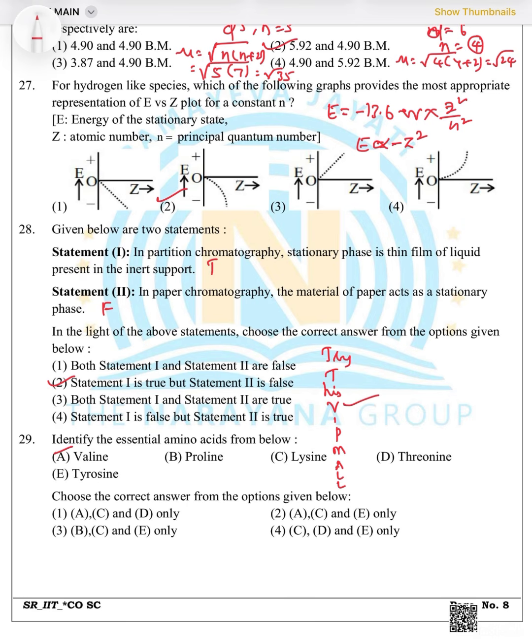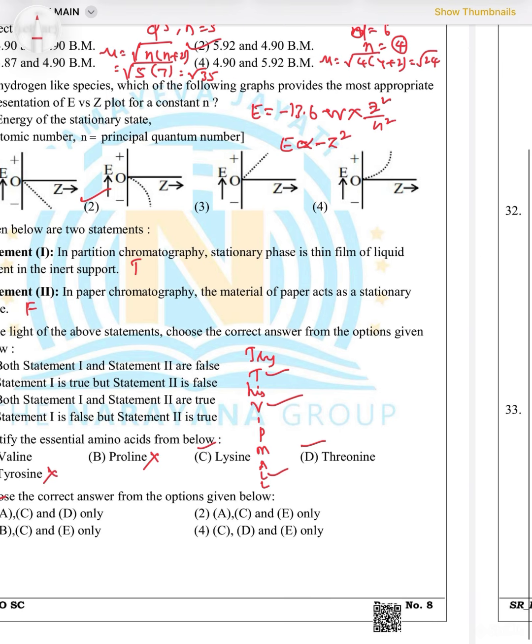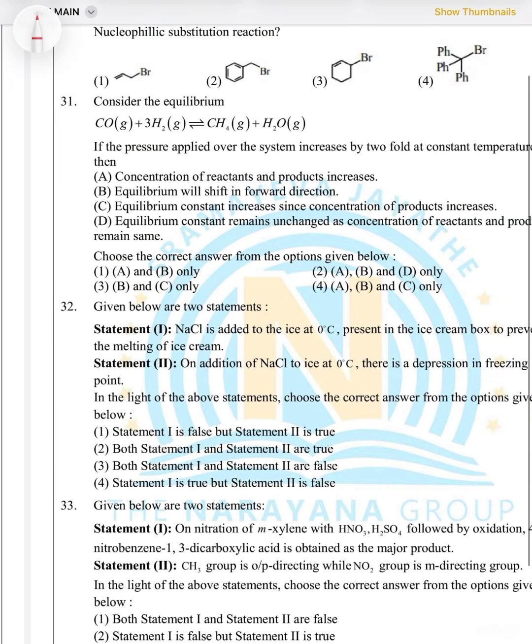Proline is not there. This is not an essential amino acid. Lysine is there, an essential amino acid. At the same time, threonine is also an essential amino acid. Tyrosine is not an essential amino acid. So A, C, D, 29th is the correct answer.